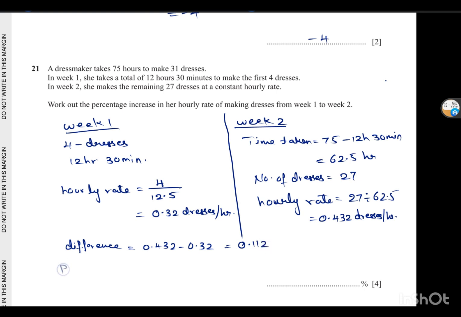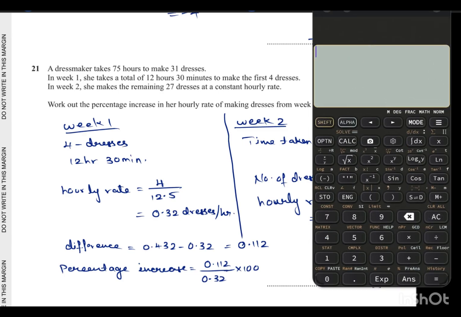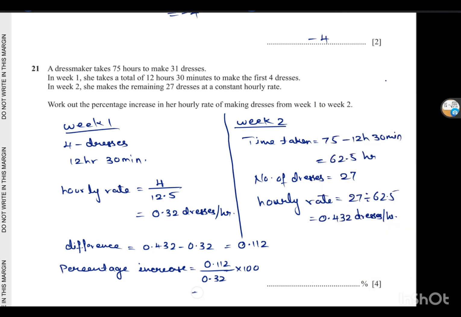So percentage increase will be 0.112 by 0.32 into 100. 35% increase. This is the answer.